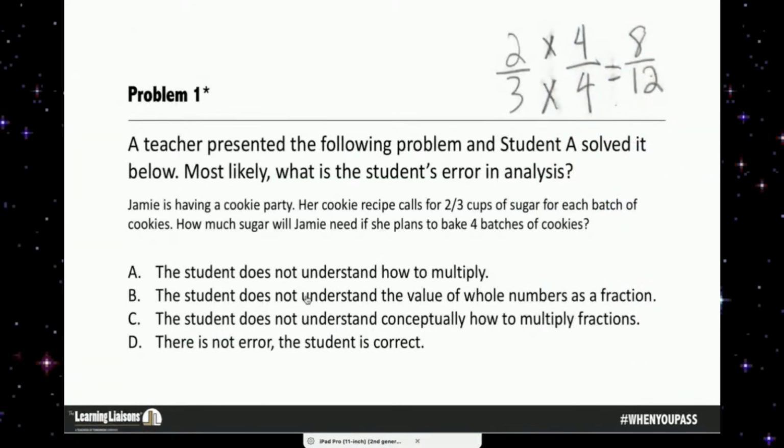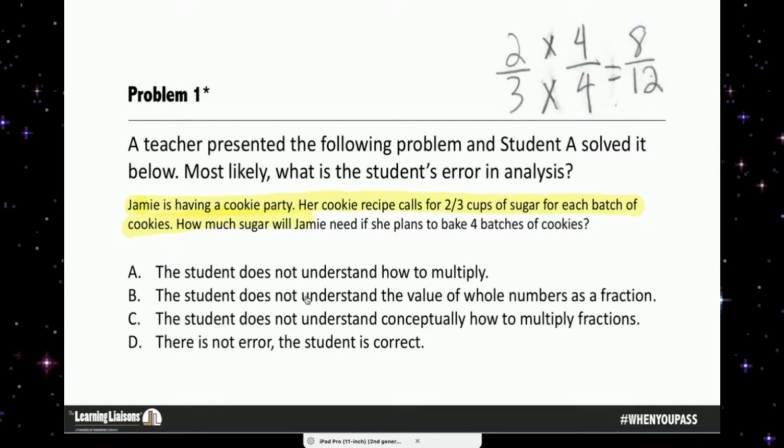A teacher presented the following problem and student A solved it below. Most likely, what is the student's error in analysis? Now let's read the actual problem before we get going. Jamie is having a cookie party. Her cookie recipe calls for 2/3 cups of sugar for each batch of cookies.